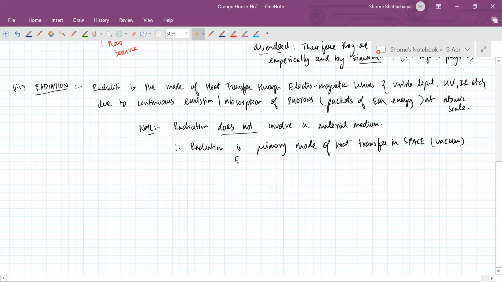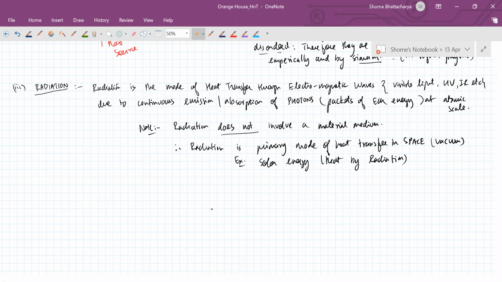So for example, solar energy, which is heat by radiation, so the transfer of solar energy from the sun to our planet, etc., it happens purely by radiation.